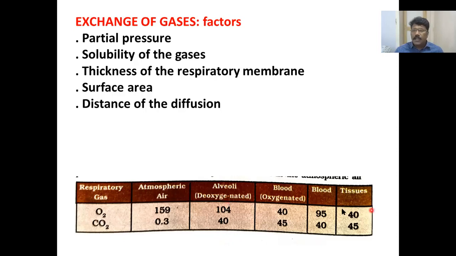At the same time, the partial pressure of the carbon dioxide is more in the tissues, whereas the partial pressure of the oxygen is very less. And because of this, the carbon dioxide enters into the blood from the tissues, and the oxygen enters into the tissues. So these are the two inverse conditions at lungs and the tissues.